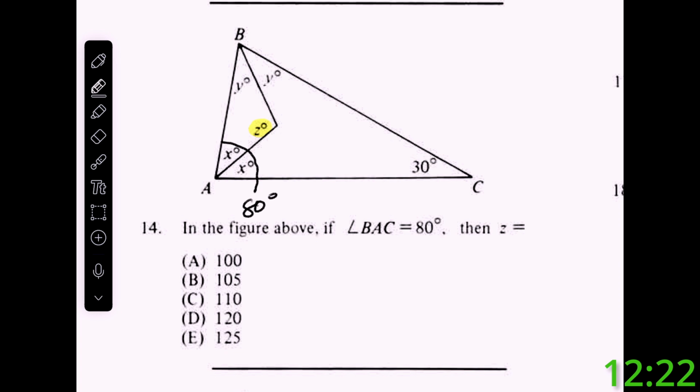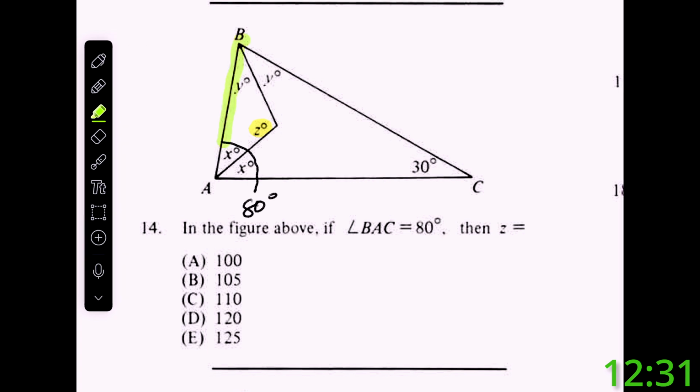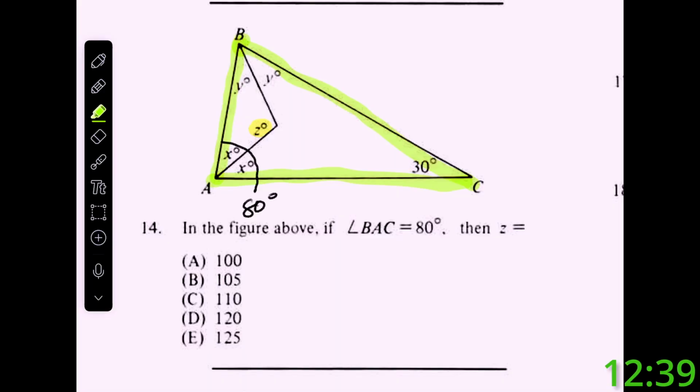Then find Z. Okay, maybe you can see already that you've got a big triangle here, right? And that the sum of the angles in that triangle has to be 180. And they've given me a couple of them. They tell me that I've got 30 here and 80 here. So I can subtract and get that this total angle up here is 70 degrees.